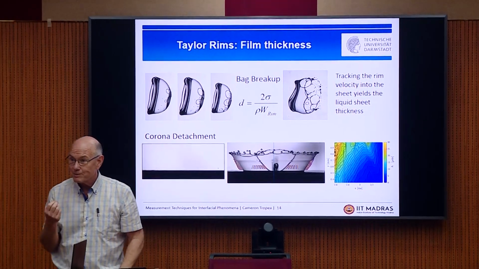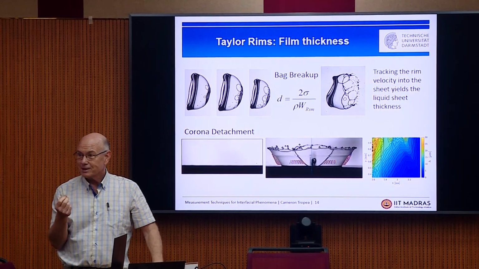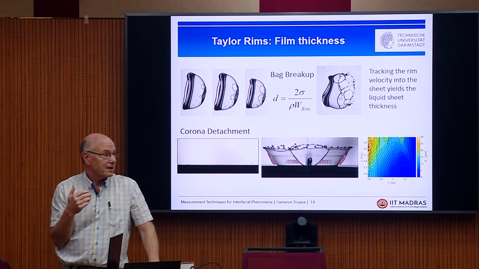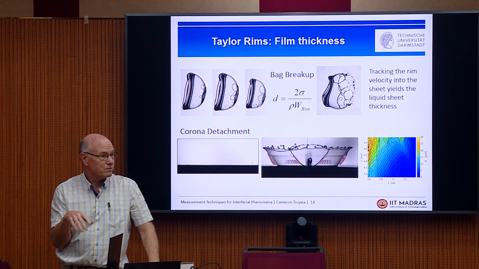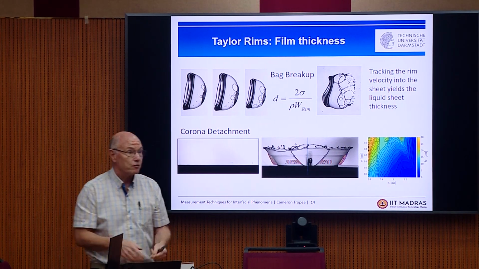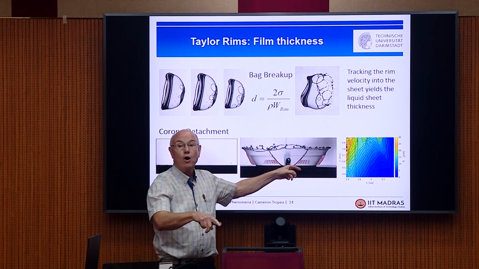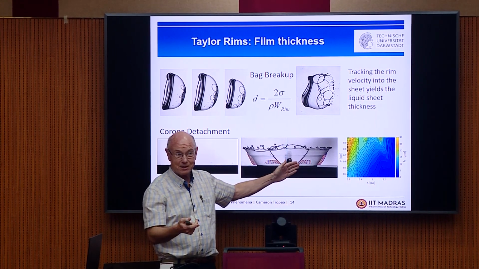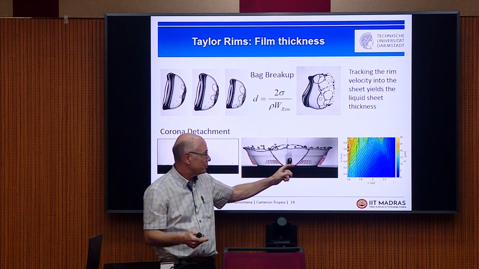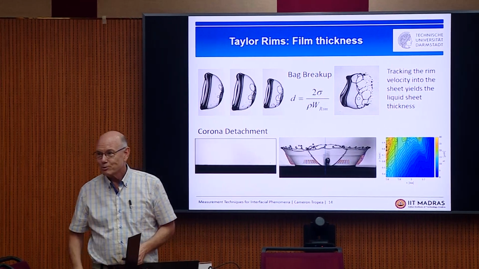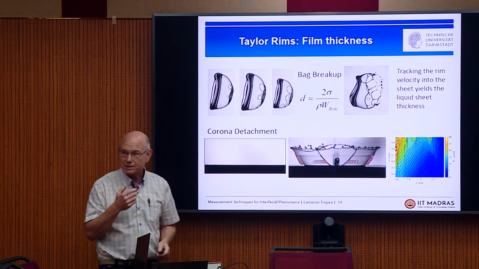So already we have a measuring technique: how do we get sheet thickness, or finger thickness, doesn't matter, by measuring Taylor rim propagation. But of course you have to say, I'm measuring the Taylor rim propagation normal to the rim, so it's a material velocity. There's some MATLAB programming here, obviously, some image processing you have to do.